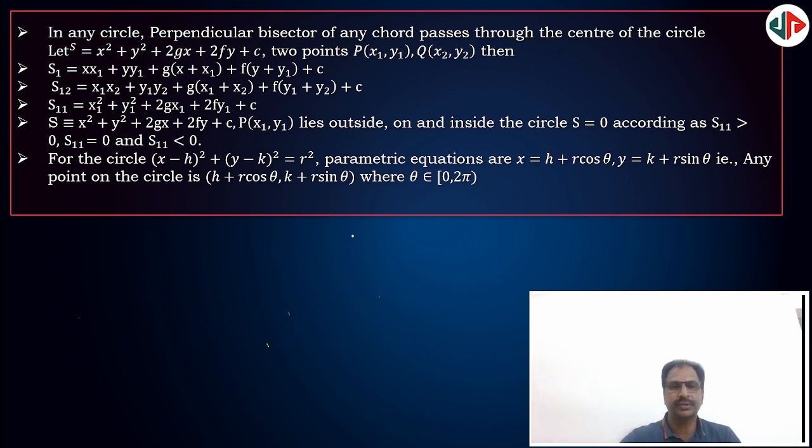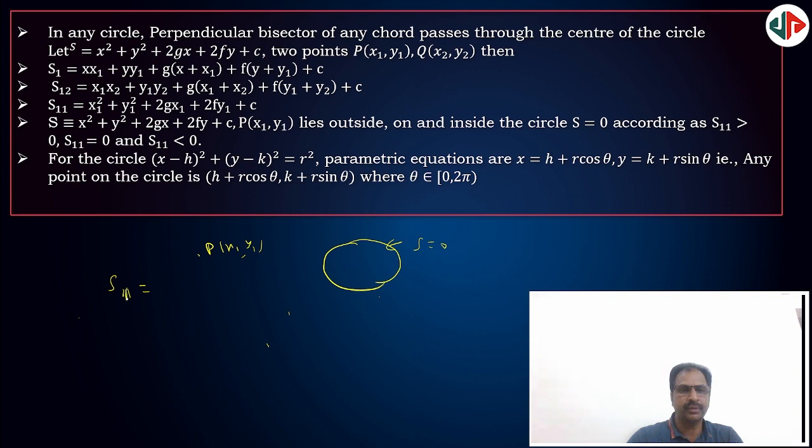How to find the position of a point with respect to a circle? Suppose S is equal to 0 is a circle and P(x1, y1) is any point in its plane. How to check whether the point lies outside the circle, inside the circle, or on the circle? To know the position of a point, you have to find S11. How to find S11? Substitute the point in the circle equation.